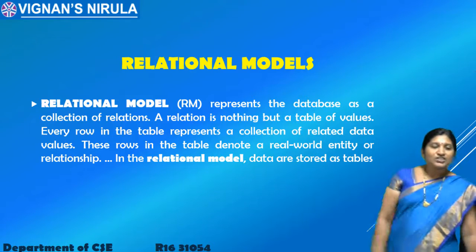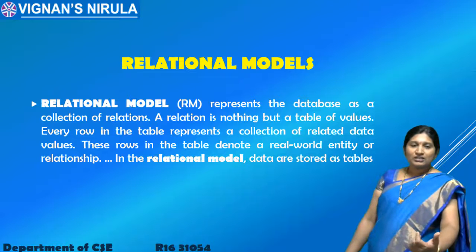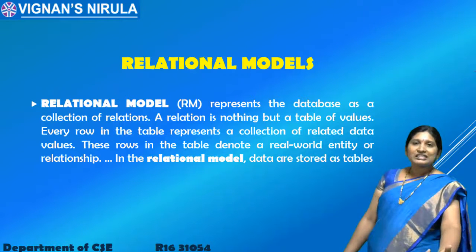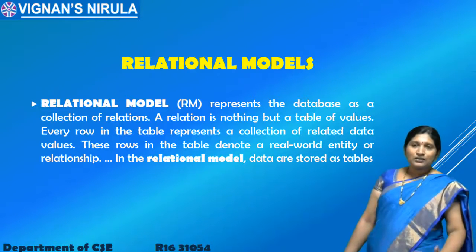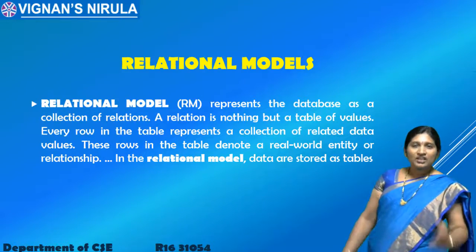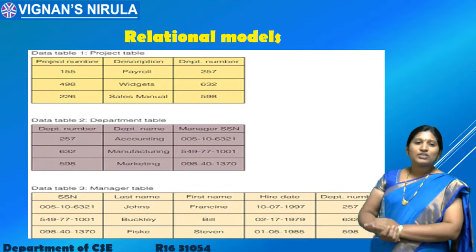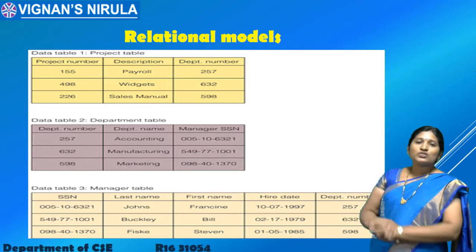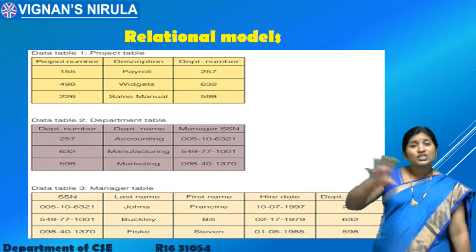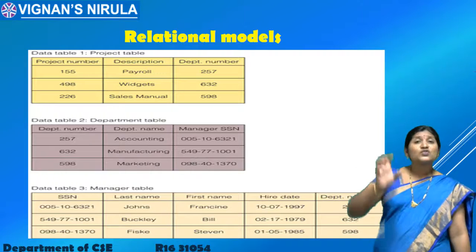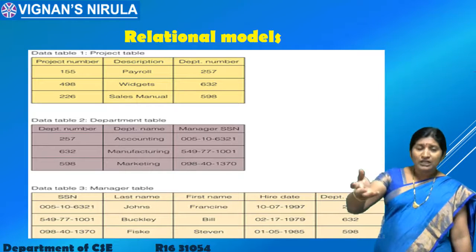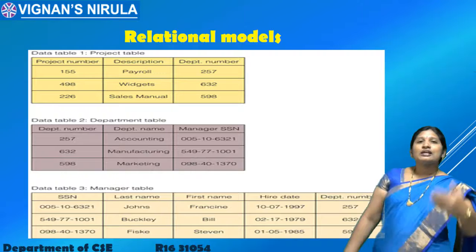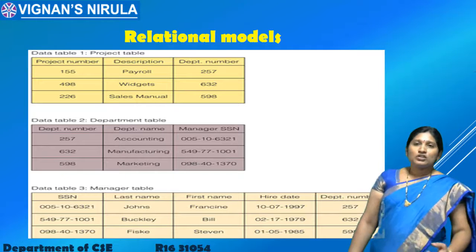Here the first database table is regarding the project. How many project entries have I taken? 3 project entries, so 3 rows are appearing. What are the database attributes I am taking? Project number, description and department number. So 3 columns are represented. That means the project details have been represented by means of a relation or a table, that is nothing but the project table consisting of 3 rows and 3 columns.